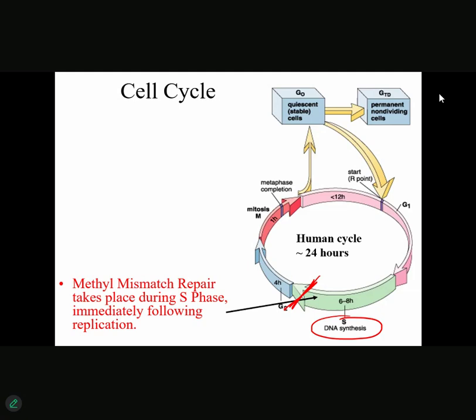So let's pause there. I want you to know what methyl mismatch repair is. Methyl mismatch repair is the method by which the cell can tell when we have a wrong matchup. If we have anything other than A and T or G and C, it's the wrong distance. We find it, identify it, remove it, and replace it.